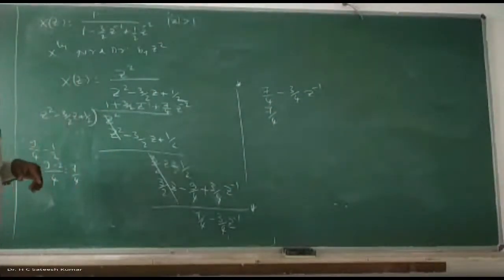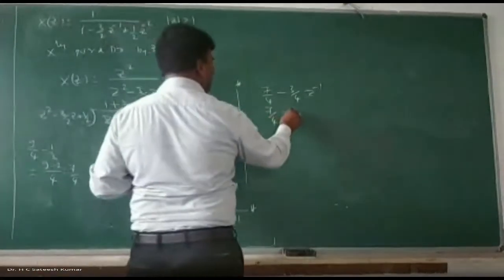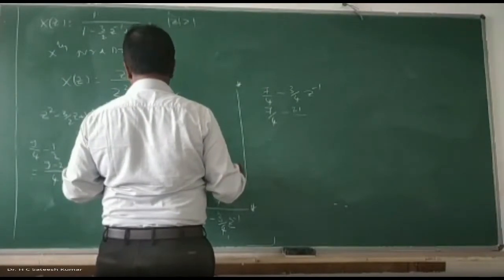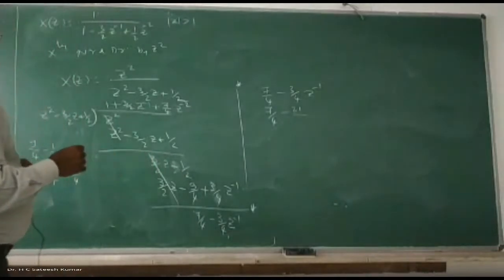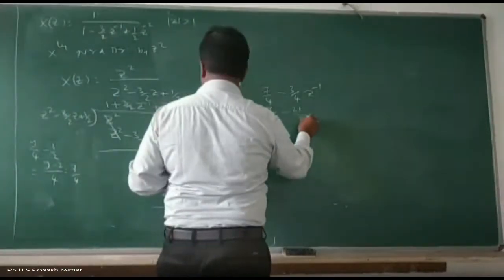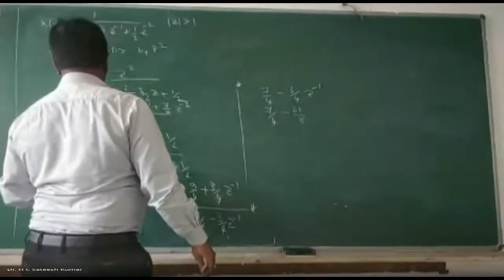Okay. And 7 by 4 minus 21 by 8, minus 21 by 8 z to the power of, what is that we have?